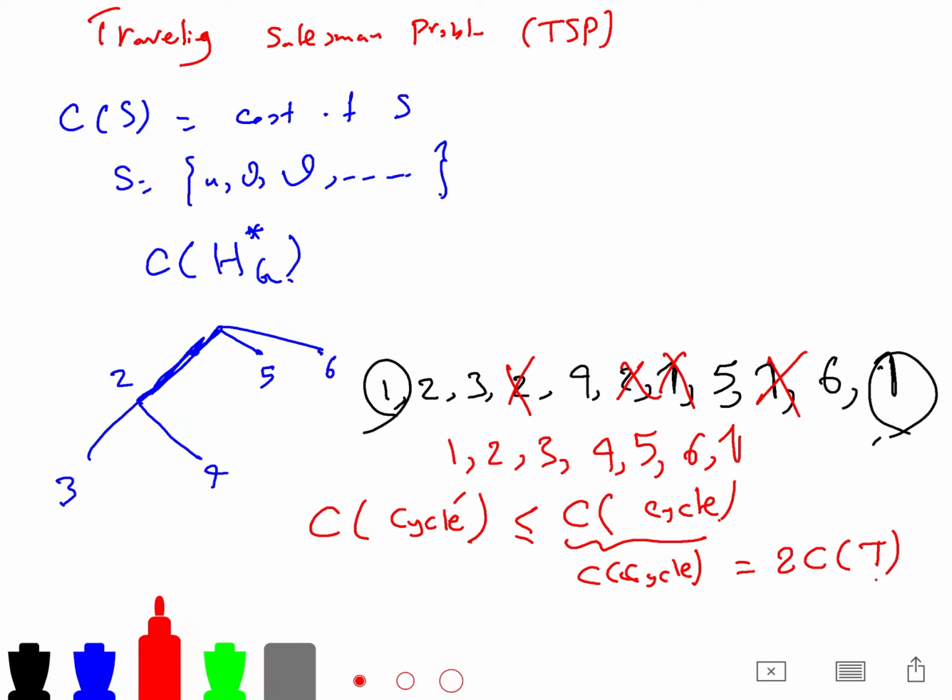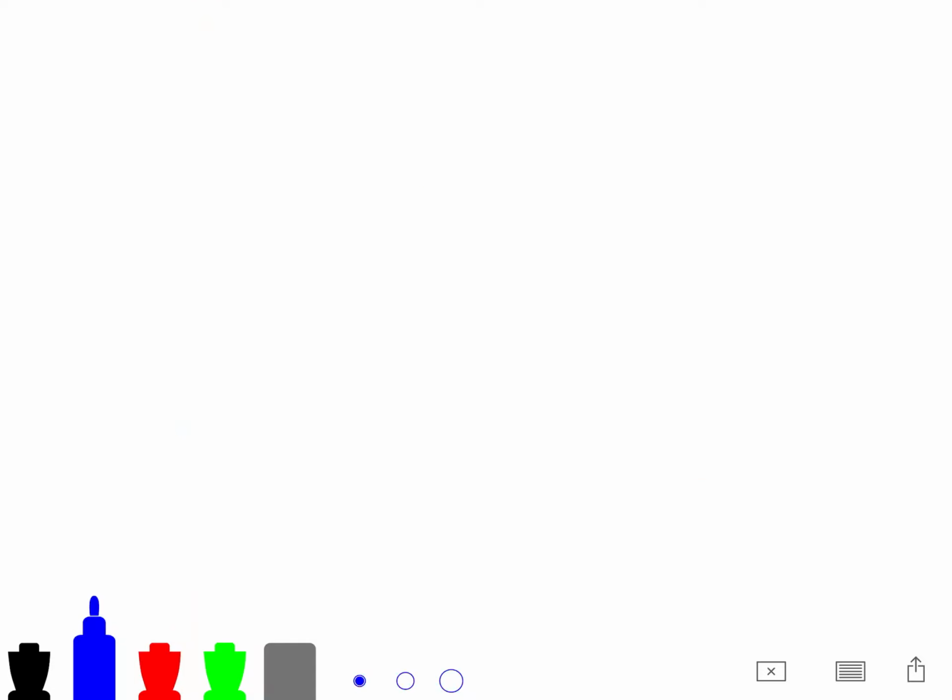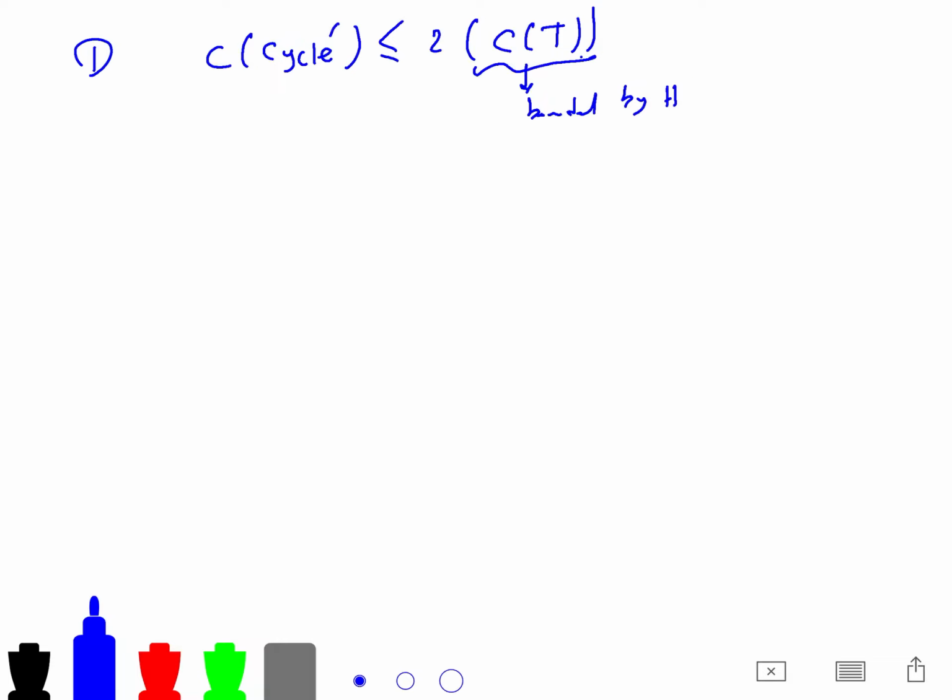And so we conclude that C of cycle prime is less than 2 times the cost of T. And this is bounded by the Hamiltonian. So you have a Hamiltonian cycle, and at some point you cut an edge, and so you get a spanning tree. You get a spanning tree and call it T prime.